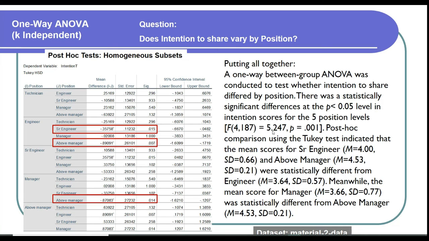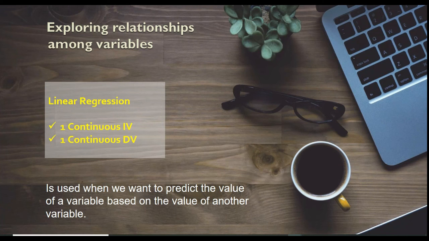You can report your F values, and then the post hoc comparison using Tukey's test indicated that the mean score for senior engineers and above manager were statistically different from engineer. You can follow this interpretation, I mean this report, in your thesis.